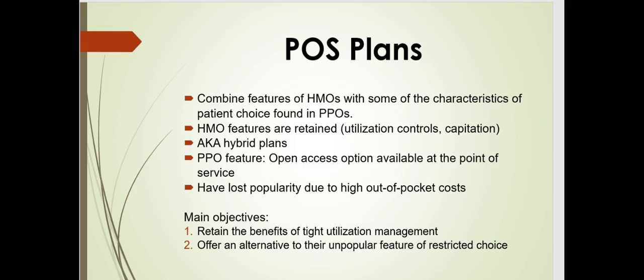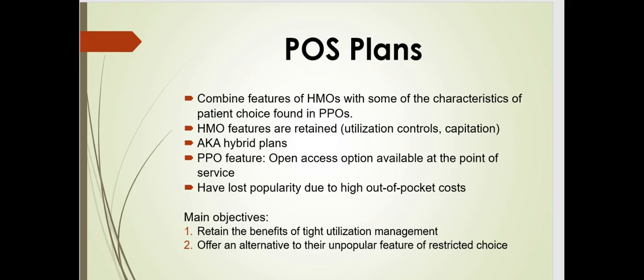The features borrowed from HMOs are capitation or other risk-based reimbursement to providers, and the gatekeeping method of utilization control. The feature borrowed from PPOs is the ability of a patient to choose a non-participating provider at the point of receiving services. However, out-of-network utilization incurs higher out-of-pocket costs.